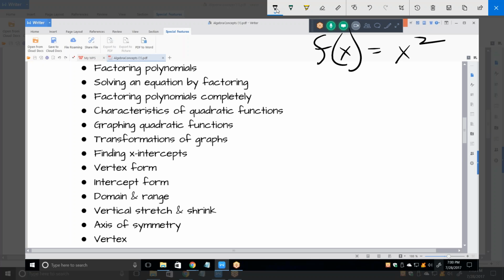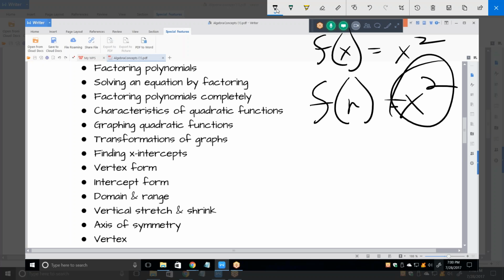The one advantage of the f of x is that it tells you that the function on the other side of the equal sign is x's. It's not f of r. It wouldn't make any sense if I said f of r equals x squared. This is a function of x, and I'm telling it that that's a function of r.